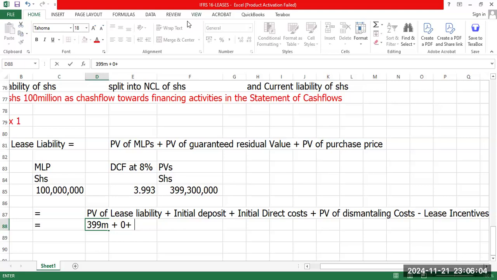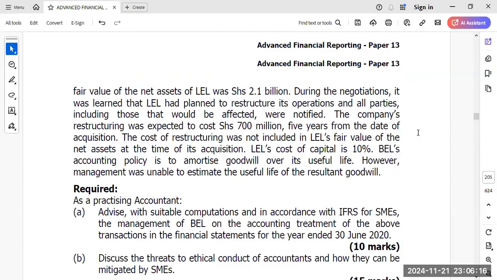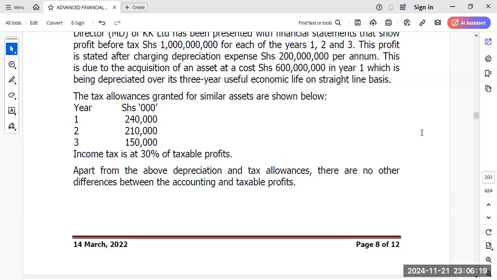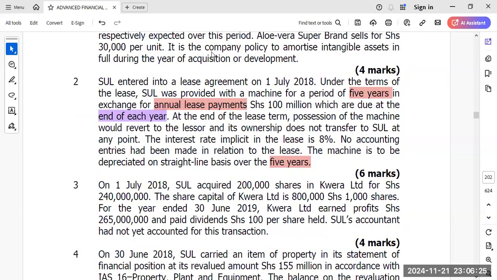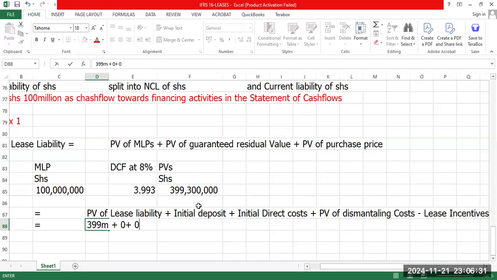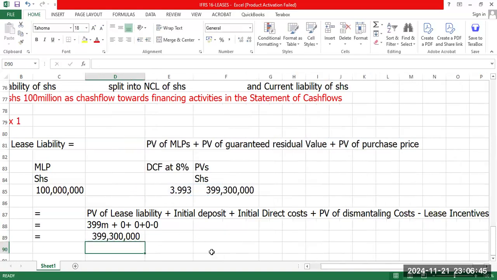Do you pay any money in arranging for the lease agreement? Nothing. So everything is 0 plus 0 plus 0 minus 0. So finally, your right of use asset is also this figure.